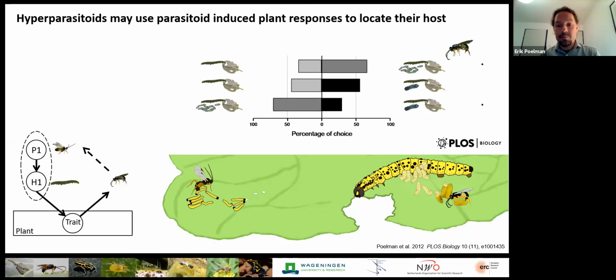And well, we found proof of that by basically asking the female hyperparasitoid in a choice test for the odors of the induced plant, do you like the ones where there are the parasitized herbivores, or do you like the plant damaged by a healthy herbivore? And then most of the time you would see this hyperparasitoid choose the plant with parasitized herbivores.